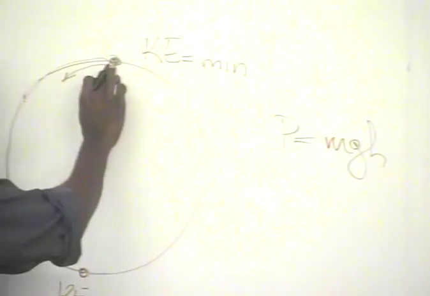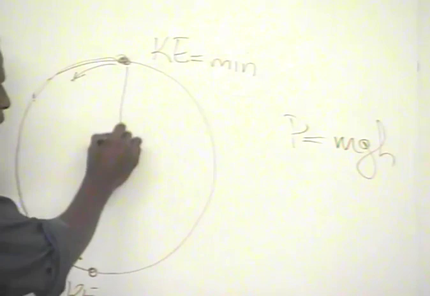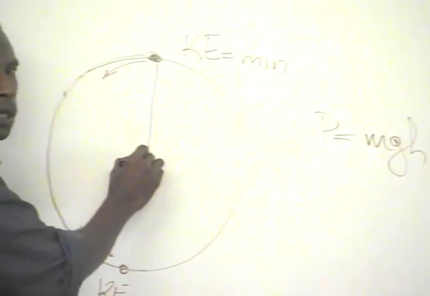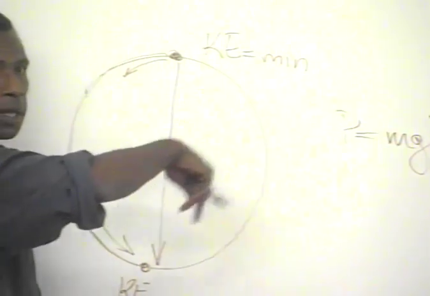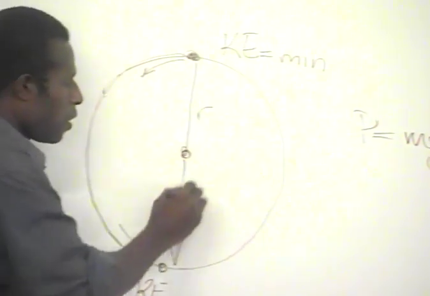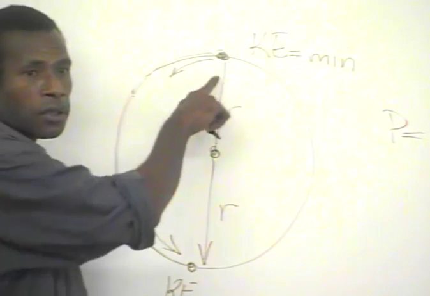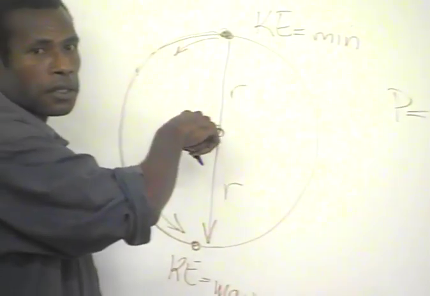But this time the height will be the radius of the circle, because it is making a loop, and therefore this radius and that radius will give you the height.